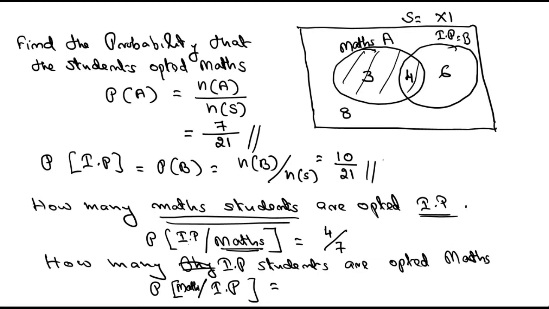IP means this set: 6 plus 4, 10. That is your sample space. Out of that, how many are maths? There are 4 students. So 4 by 10, that is 2 by 5.